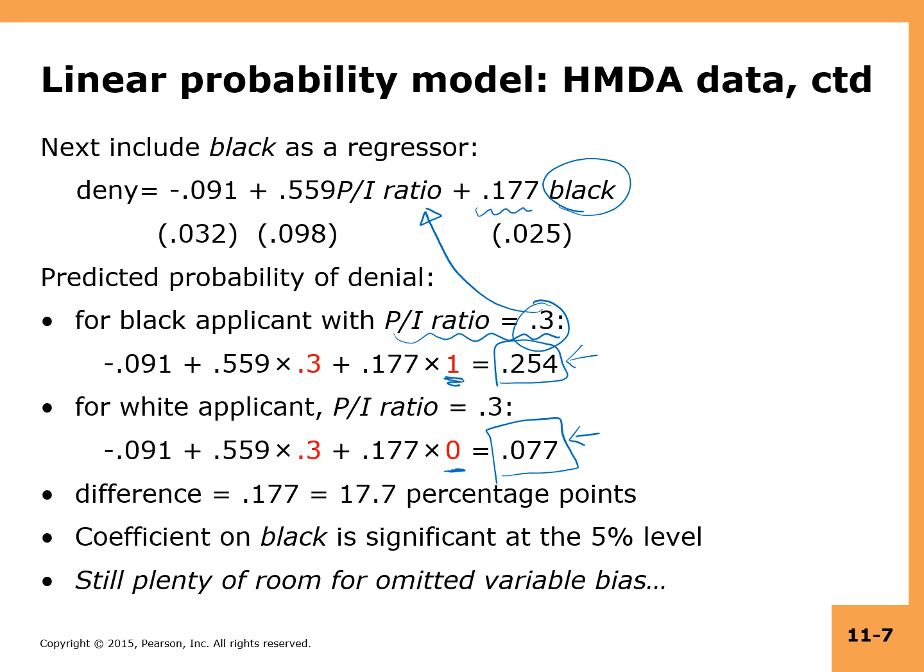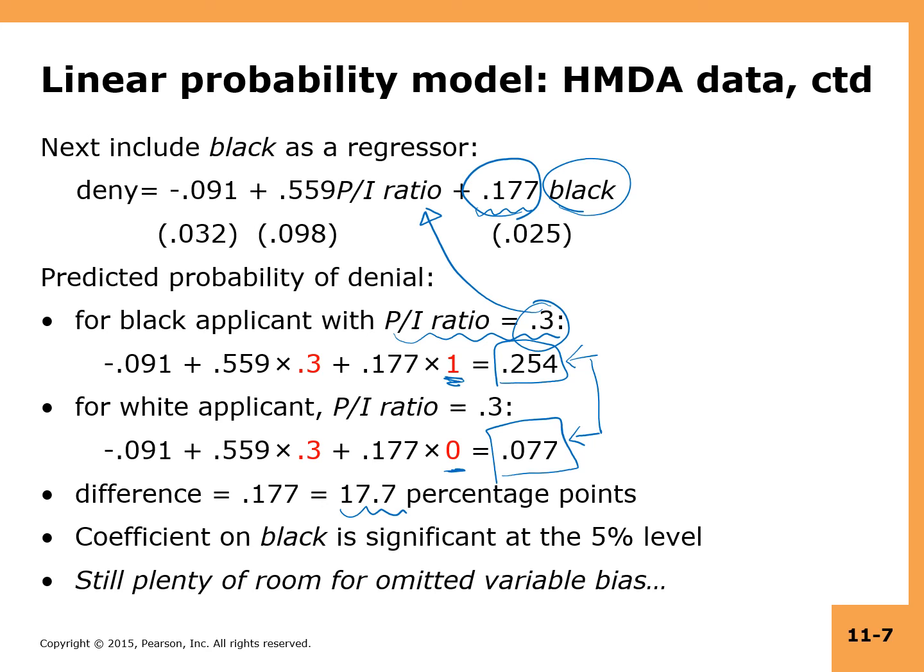The difference between these two probabilities shows that a Black applicant with the PI ratio of 0.3 is 17.7 percentage points more likely to be denied than a white applicant with the PI ratio of 0.3. We can also see that the difference between these two probabilities is essentially the coefficient.